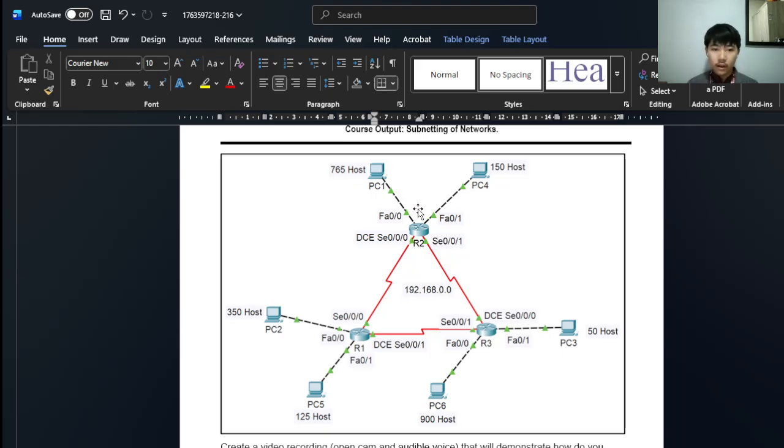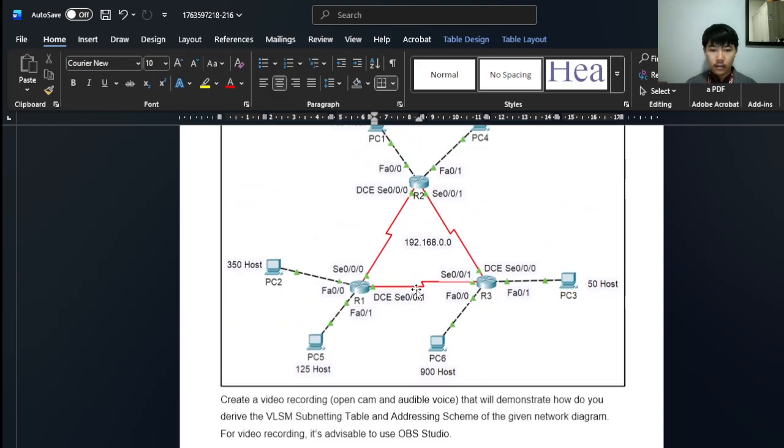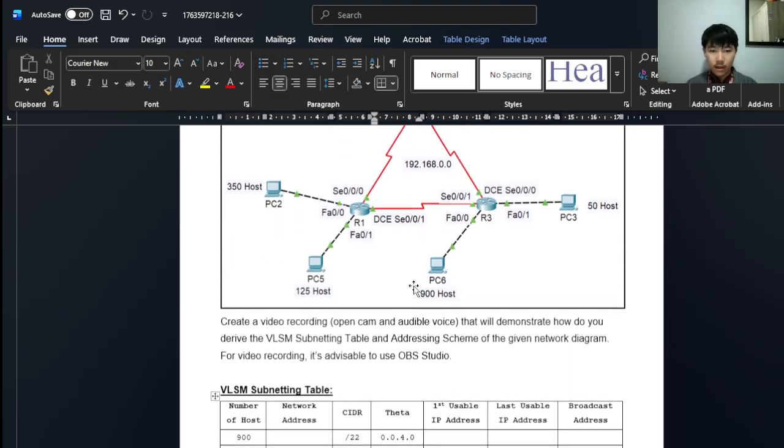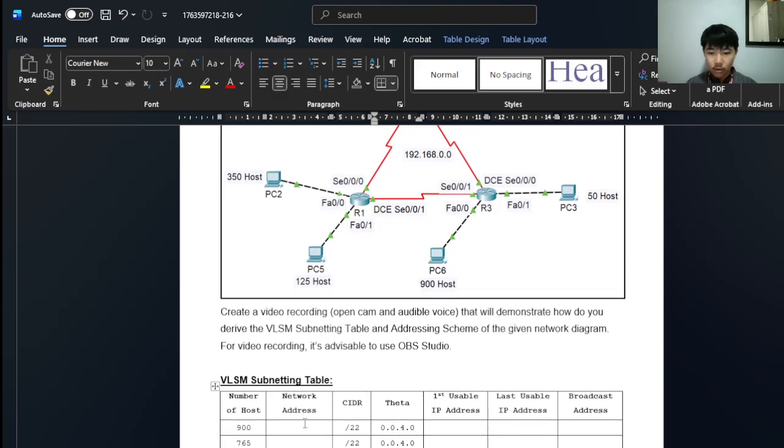So the network address for 900 is 192.168.0.0.